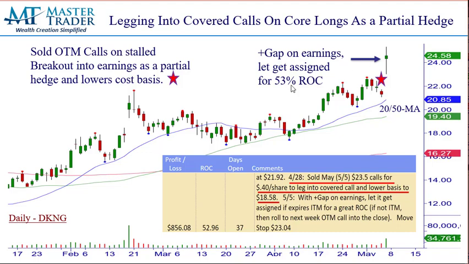It got assigned, 53%. Awesome trade. Congratulations to everybody who took it. And because of the weekly and monthly still looking bullish, it is still on my watch list for a new entry in some type of bullish retracement and pattern, consolidation, continuation pattern, whatever the case.